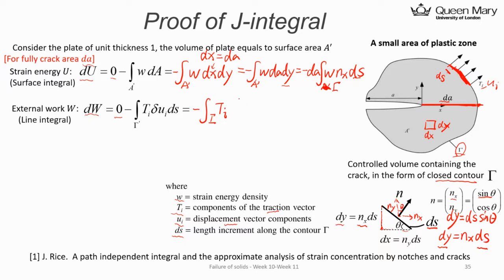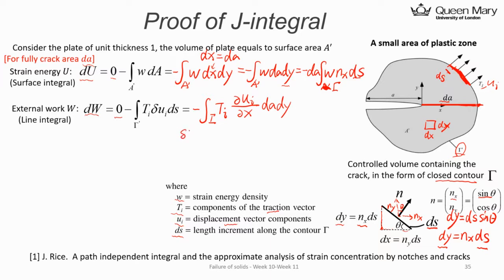So what we can do actually is write this, I will explain that: delta Ui over delta X times dA times d. Okay, so why does it look like that? Actually we are doing a trick like this.